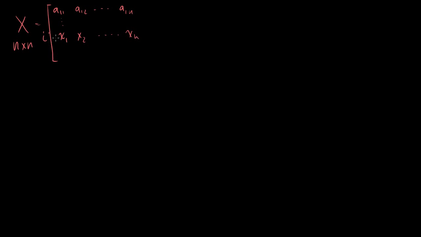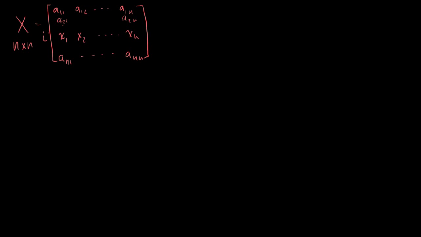But then everything else is just the regular a's. So then you have A21, all the way to A2n. And then if you went all the way down here, you would have An1, and you'd go all the way to Ann. So essentially, you could imagine our standard matrix where everything is defined in A, but I replaced row I with certain numbers that are maybe a little different. And I think you'll see where I'm going.